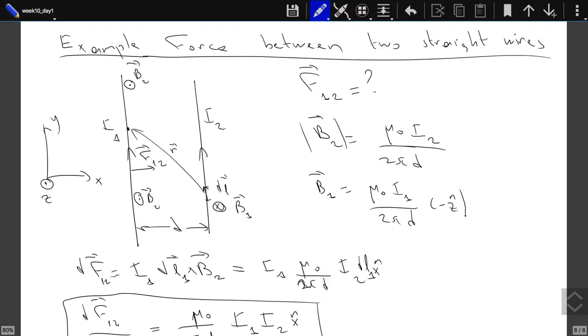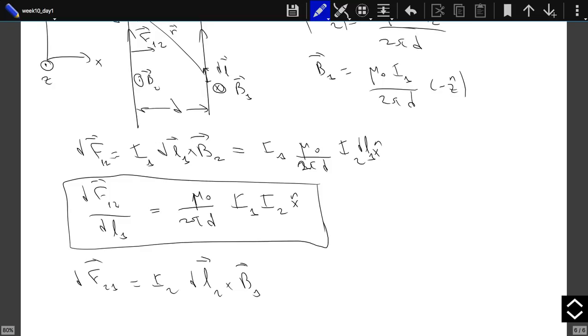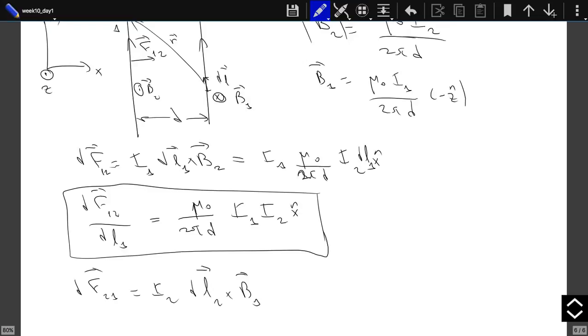What is the direction of the force acting on the second wire? Okay, B1, the magnetic field, is into the screen.